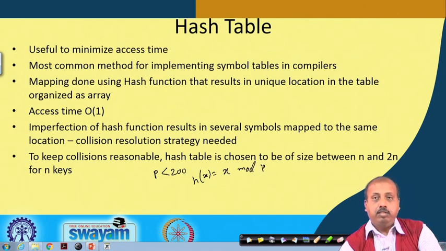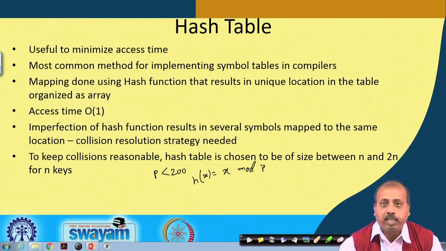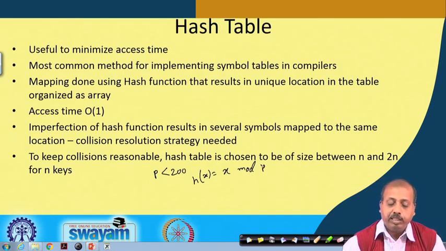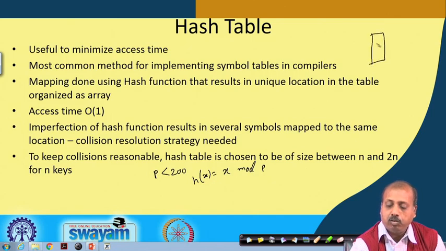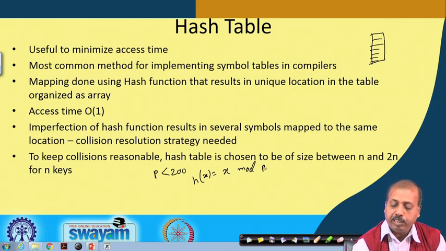Though there are at most 100 symbols, I am keeping 200 because even if there is a collision, the collisions will be fewer, because p is a large number. So it is expected that the collisions will be fewer.